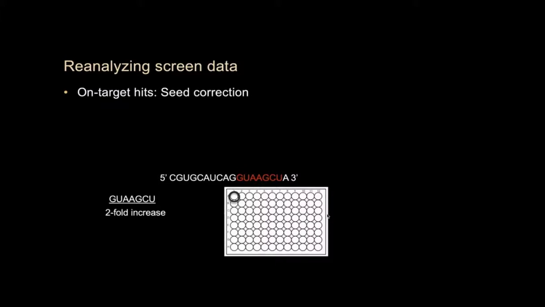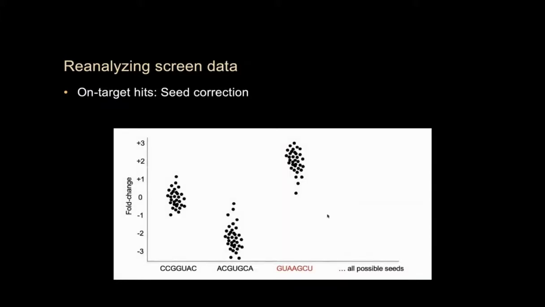We tried to address this 2 different ways. First was seed correction. We know the seed of every siRNA, and we know that we sample that seed in the context of different siRNA sequences. What we can do is keep track of how that seed non-specifically is affecting survival, and then we can generate a handicap score.